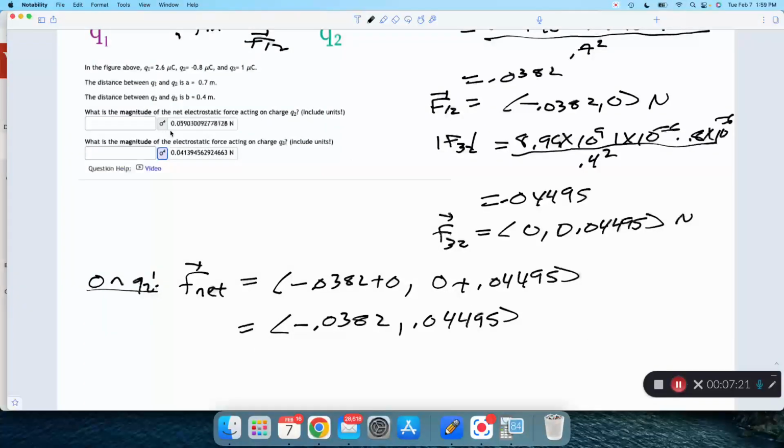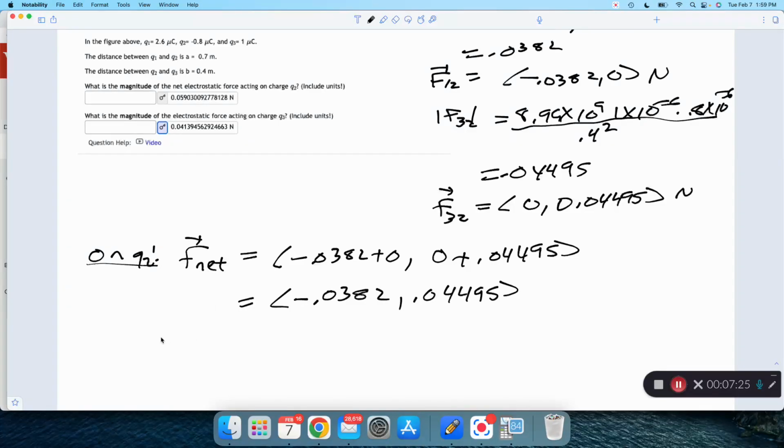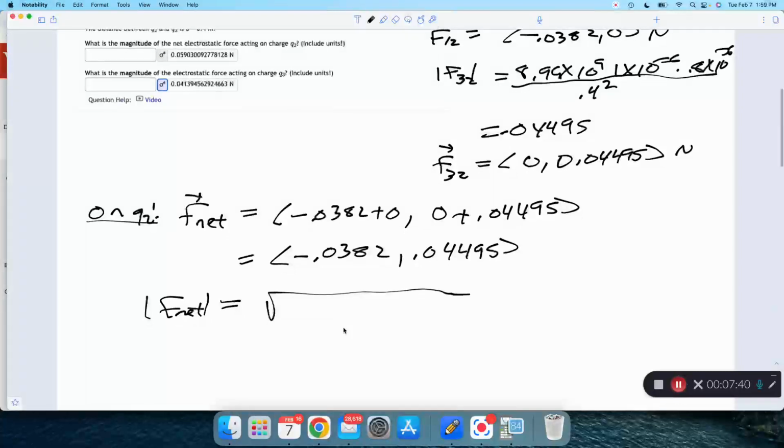But it doesn't ask for the vector. It asks for the magnitude. So the net force there in magnitude, we just use Pythagorean. Remember, with Pythagorean, a negative squared is a positive. So don't worry about that negative there when you're finding the magnitude.